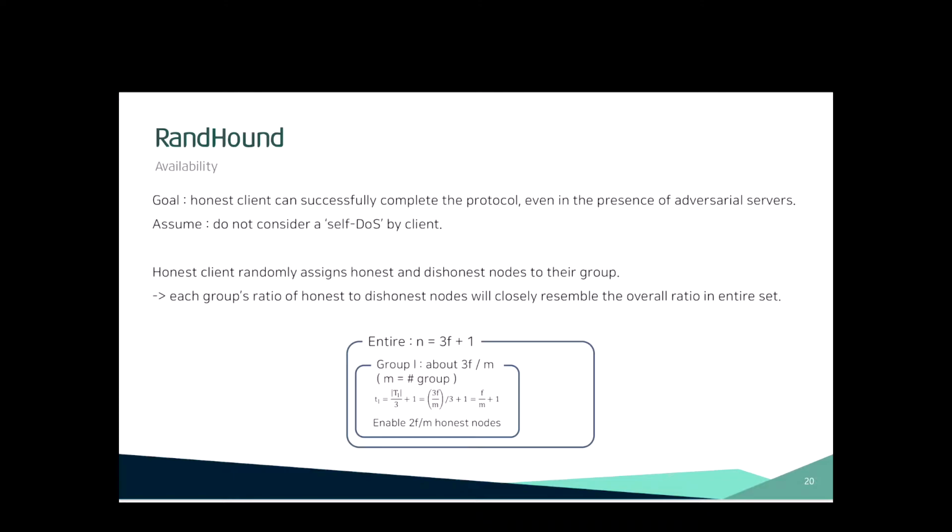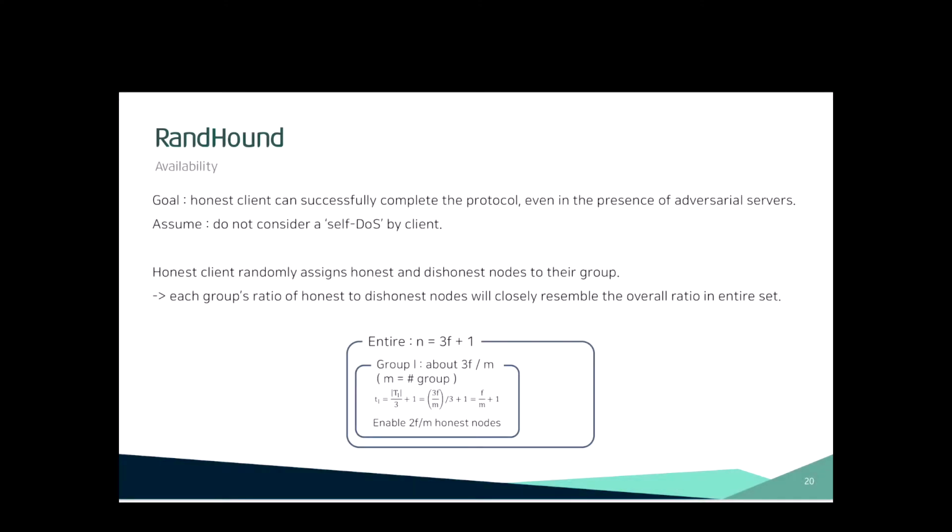First, the goal of availability is the same as mentioned above. It does not assume that the client itself is dishonest. The honest client randomly assigns honest and dishonest nodes when the client divides a group. In other words, the proportion of dishonest nodes in the whole and the proportion of dishonest nodes in the group will be similar.